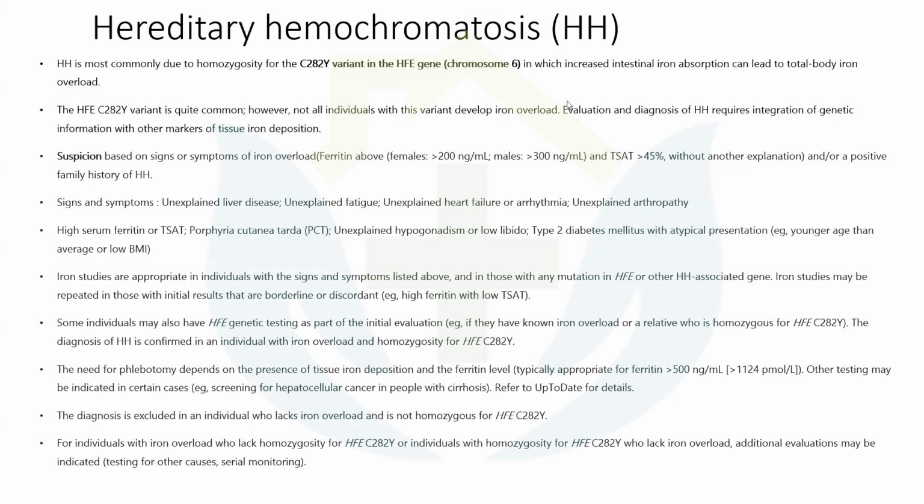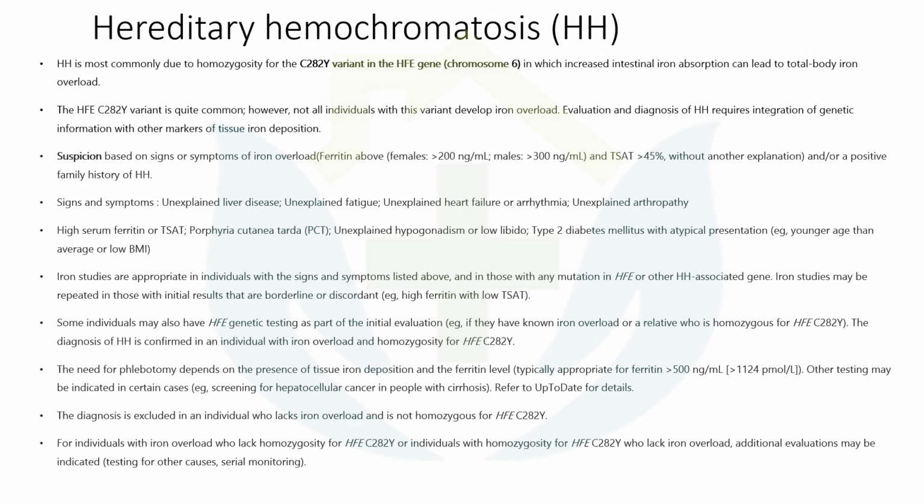The main issue is that when iron is overloaded in the body, it is deposited in several tissues, which causes all the symptoms. We have to suspect it based on signs and symptoms of iron overload, when the ferritin is very high and there is a positive family history in similar cases.